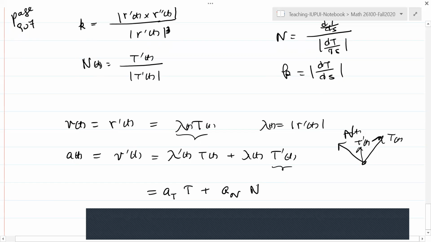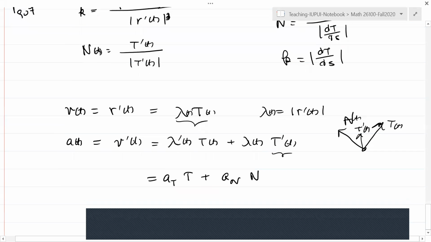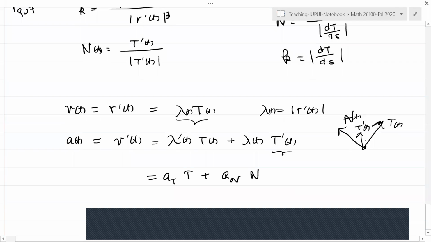So the acceleration can always be expressed in terms of those two components, because the acceleration vector is in the plane spanned by n and t. We want to find the components on each of those vectors, the component of t and the component of n.